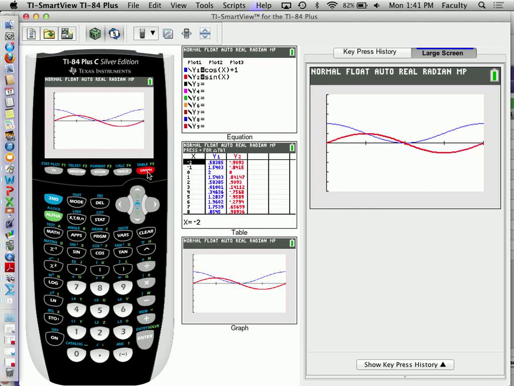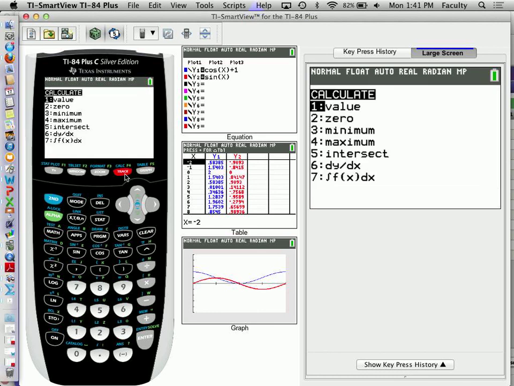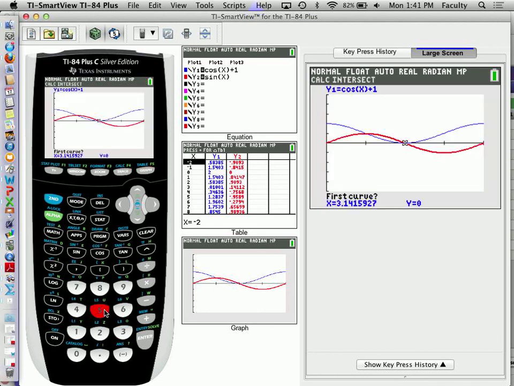Notice there's two solutions, and when we checked it algebraically, we got two solutions. They're where the graphs intersect. So press second, trace, intersect. If I do this one that I'm near, notice we got pi was 3.14. Now let's go get this one.